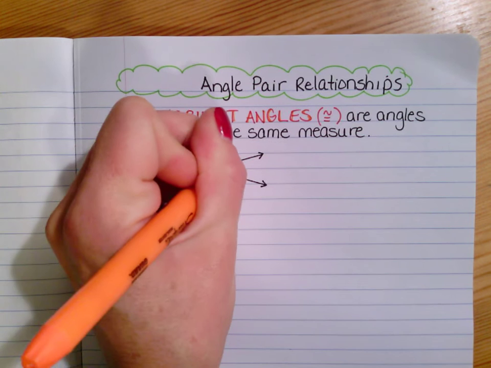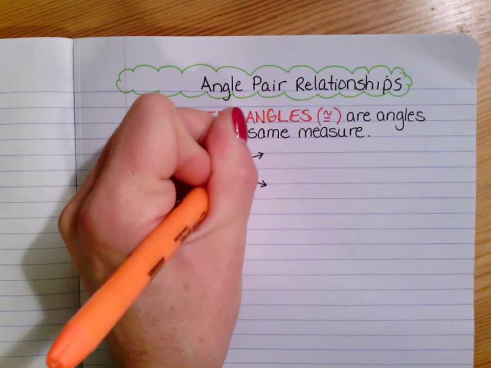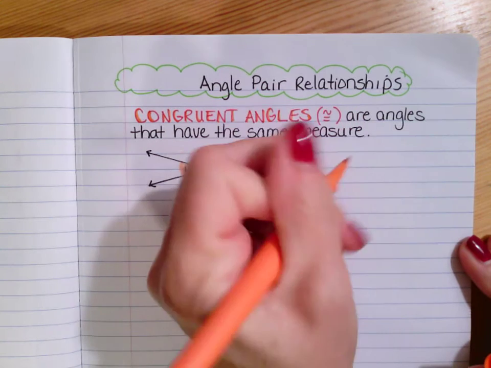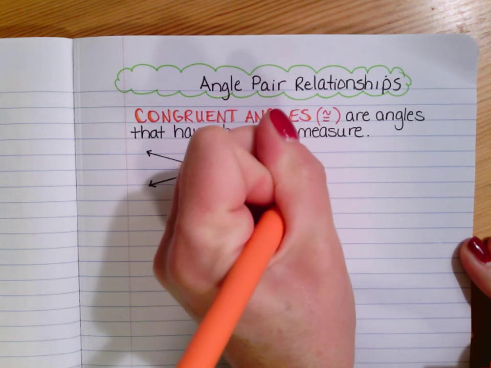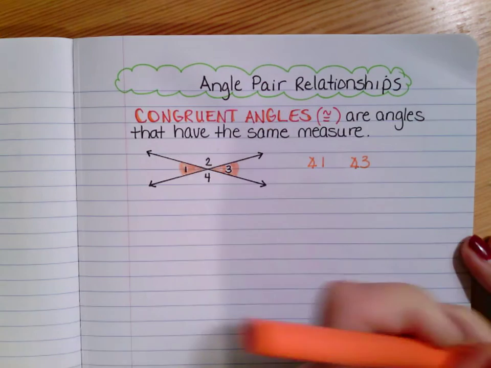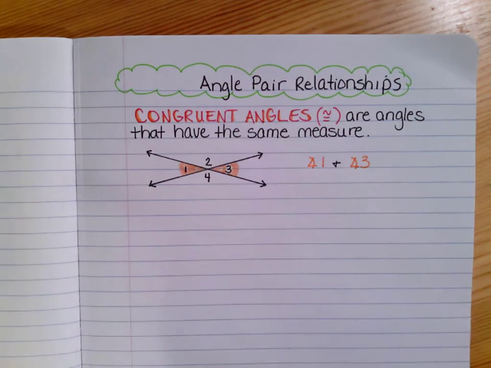So this angle here and this angle here, angle 1 and angle 3, those would be vertical angles. So on the side, let's write angle 1 and angle 3. Those are our vertical angles.